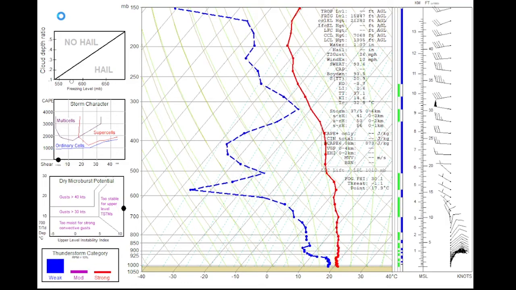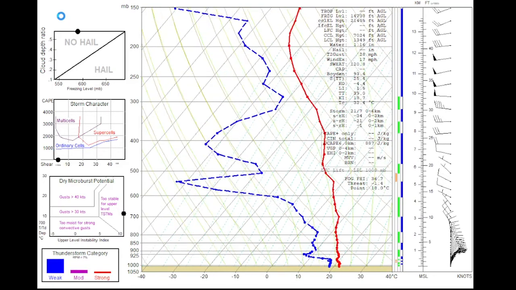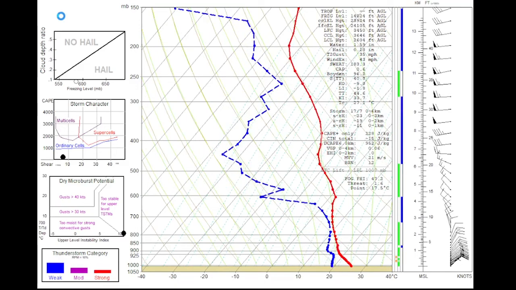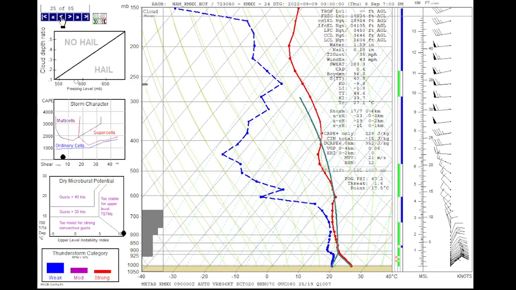Let's get back to the one we want to see. I want to see the CAPE index. The CAPE is one that most forecasters use for severe weather. It's a measure of energy in the atmosphere.